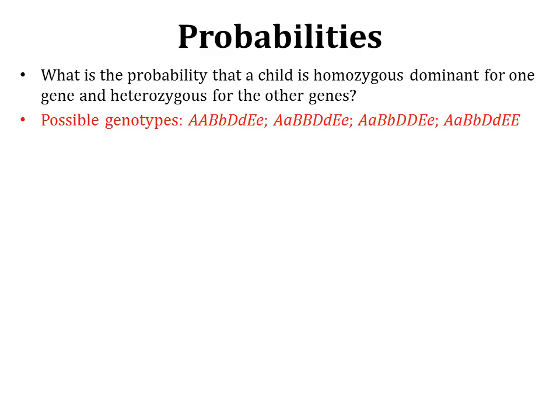The second possibility is one in which the B gene is homozygous dominant, and A, D, and E are heterozygous. The third possible genotype is one in which the D gene is homozygous dominant, and the rest of the three, A, B, and E, are heterozygous. And the fourth one is one in which the E gene is homozygous dominant and A, B, and D are heterozygous. So these are the possible genotypes.